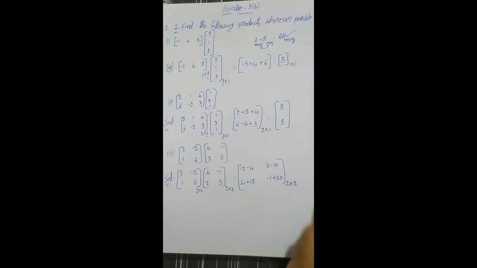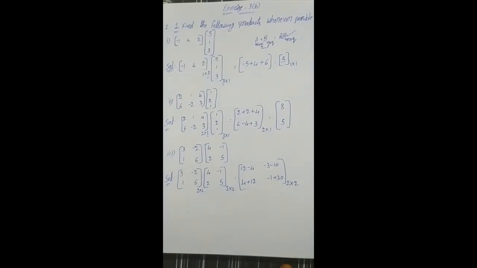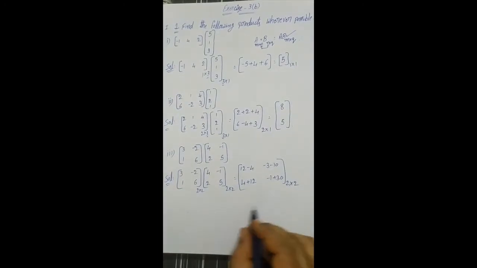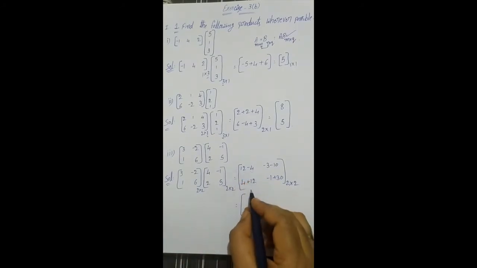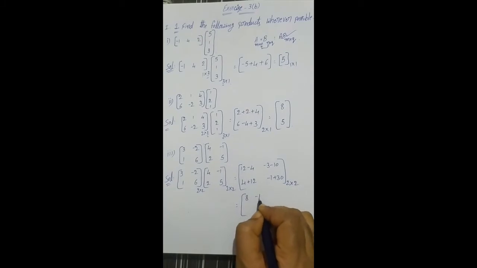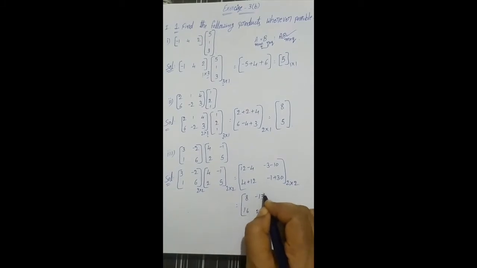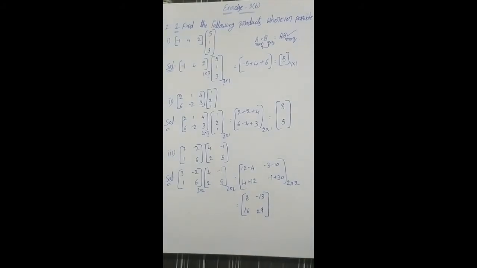Order is also 2 by 2. Then that is equal to 12 minus 4, 8, minus 13, 16, 29. This is the product matrix of the third subproblem.